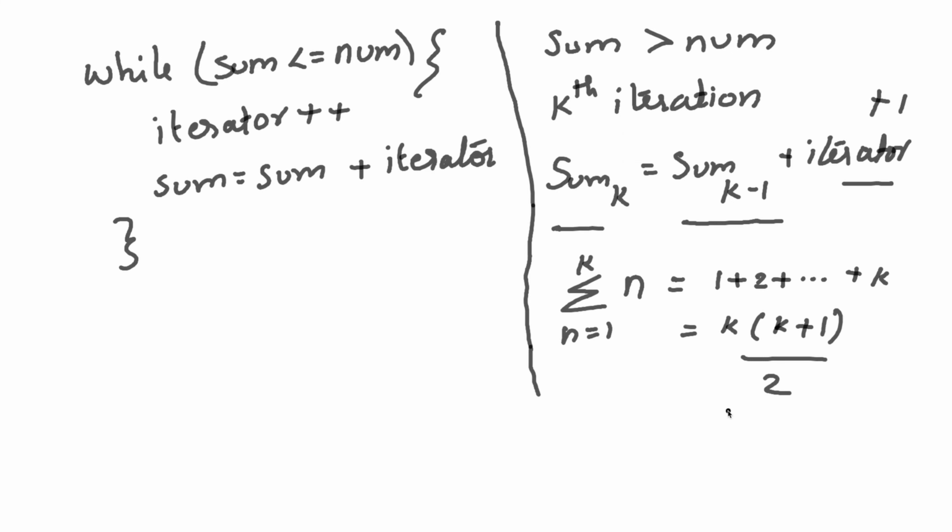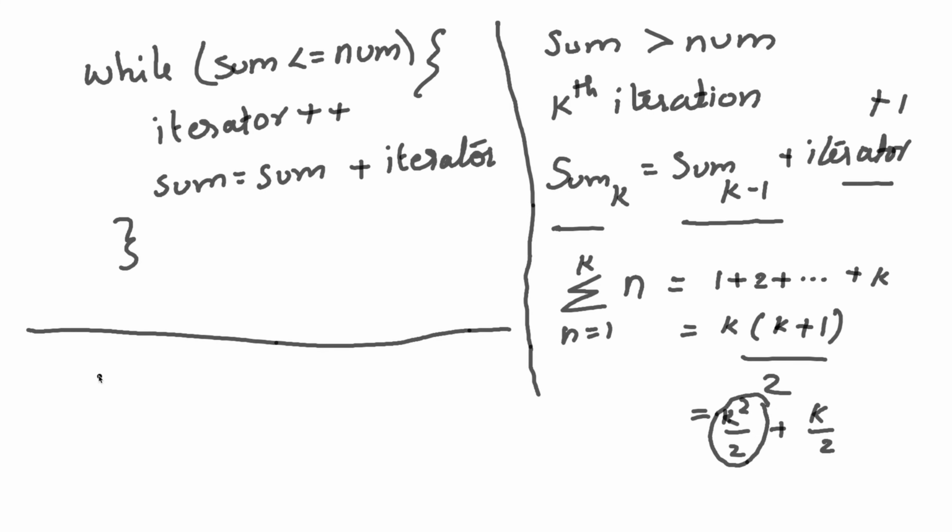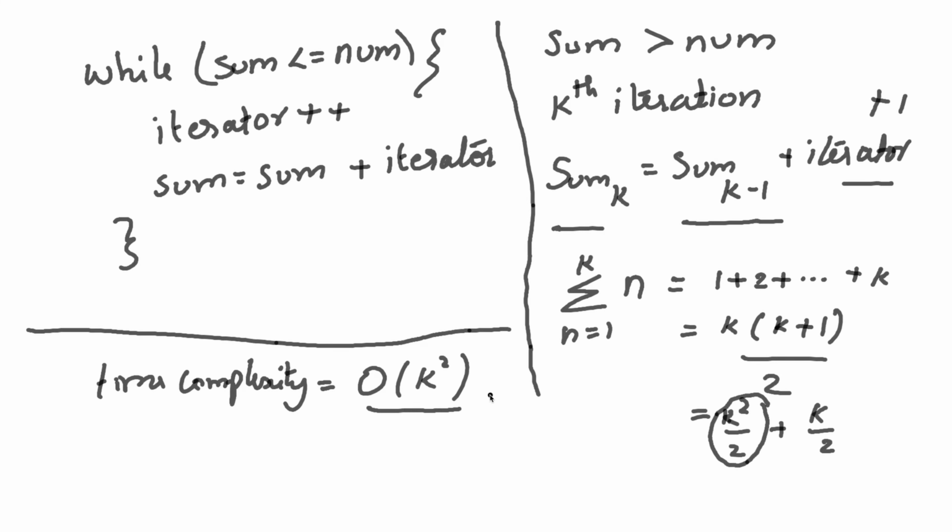This will be equal to k square by 2 plus k by 2. Here k square will be the deciding factor because the rate of growth increases in quadratic time. So the time complexity is O of k square. How is this O of k square related to n, which is our input size?